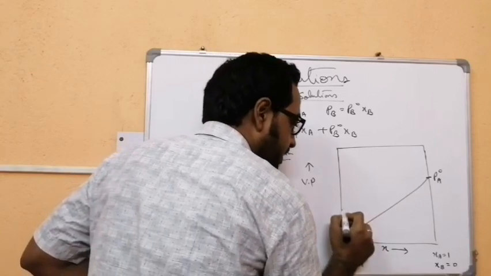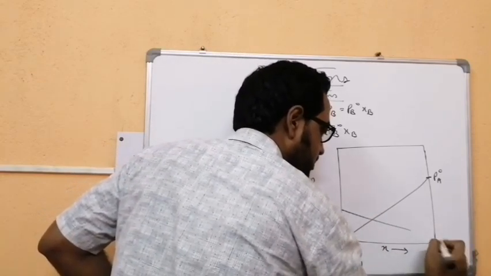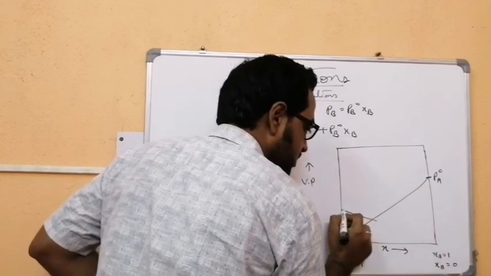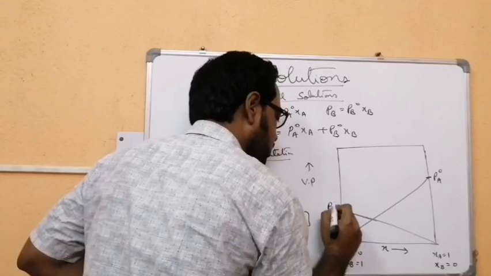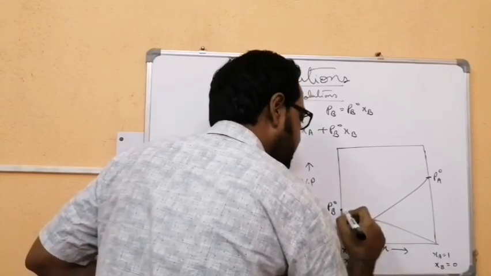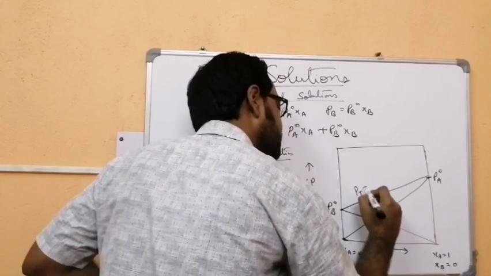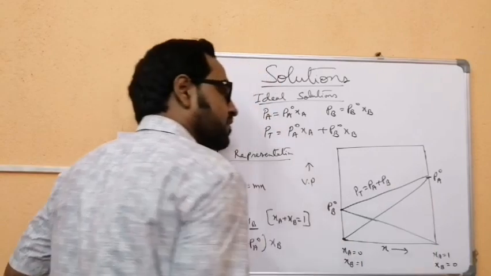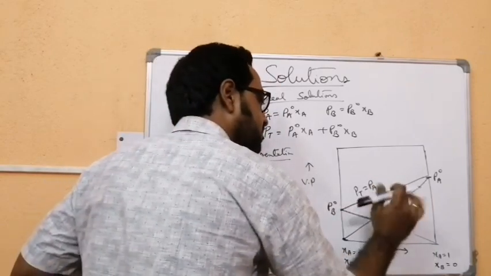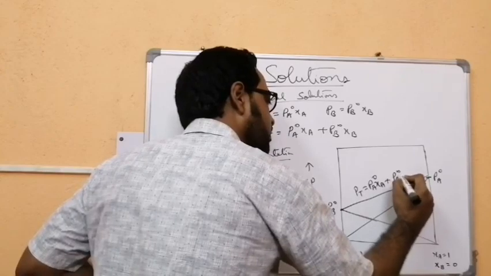You will get another point like this, this point PB naught, and if you combine both the lines, you will get P total is equal to PA plus PB, or we can write PA naught XA plus PB naught XB.